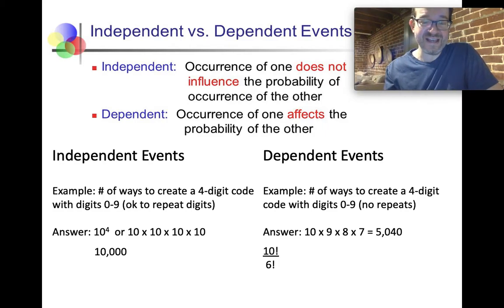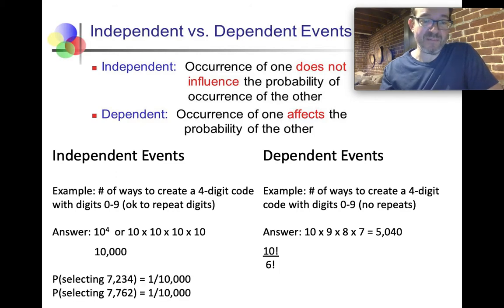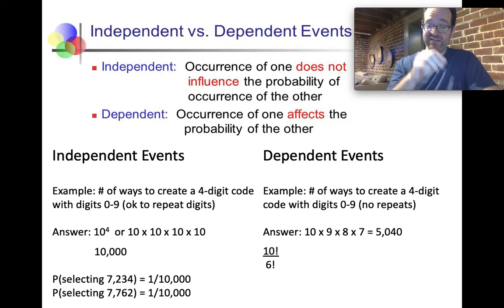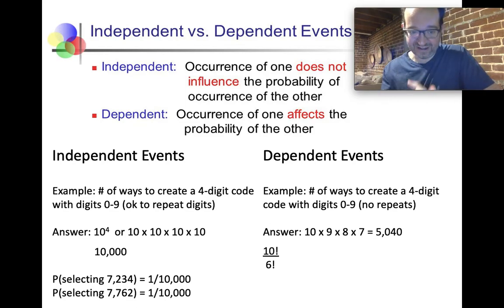In probability terminology, what's the probability of selecting 7,234? It would be 1 in 10,000. Same thing with the probability of selecting 7762: 1 out of 10,000. Every single 4-digit number has an equal, 1 out of 10,000 chance of being your number.